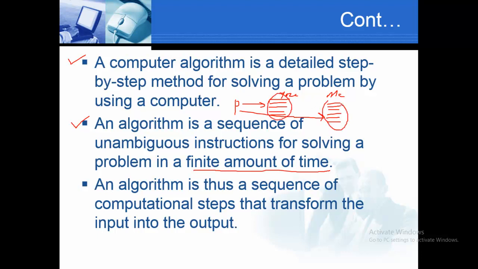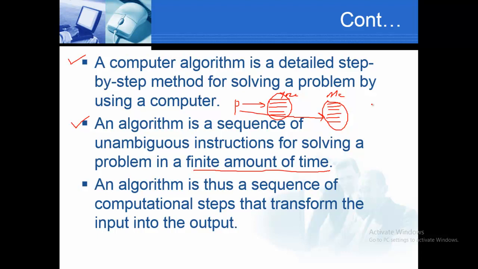So how much time your algorithm takes and how much time my algorithm takes, we call it the time complexity or execution time of an algorithm. In the definition it's clearly mentioned that it must take finite time, otherwise your algorithm is not a suitable algorithm.